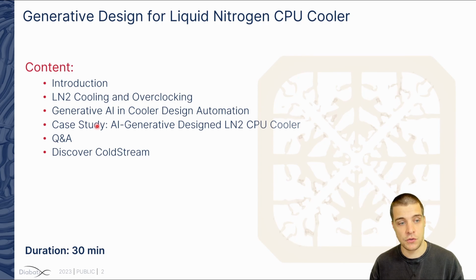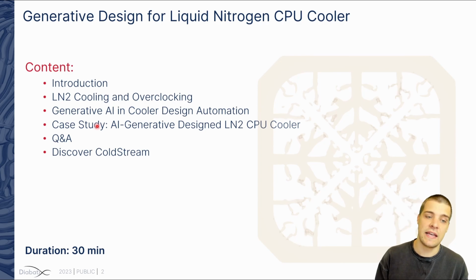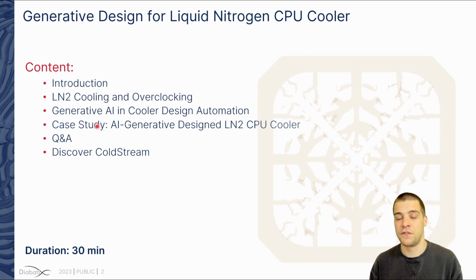Then we will move on to the problem at hand, the liquid nitrogen cooling, and how it correlates to overclocking, or how overclocking can be solved by using liquid nitrogen cooling, how to optimize it using AI, and at the end of the session, we'll have a Q&A and quickly discover how to use Coldstream. This webinar is scheduled for only 30 minutes, so let's try to cram everything into 30 minutes.